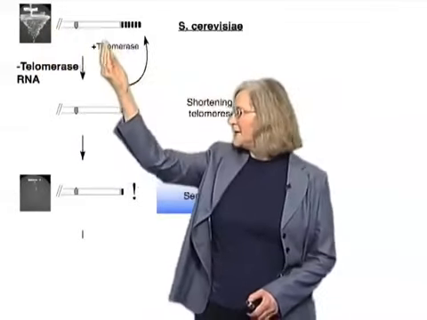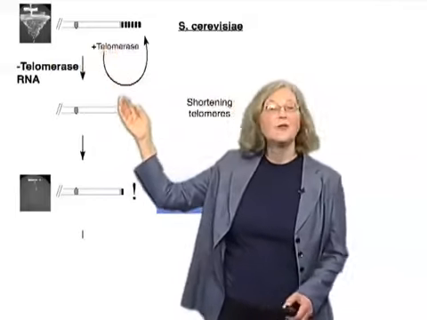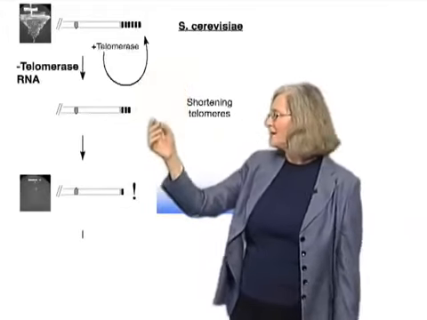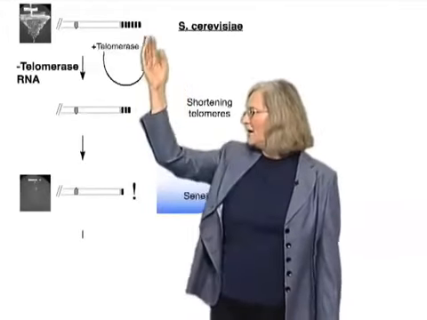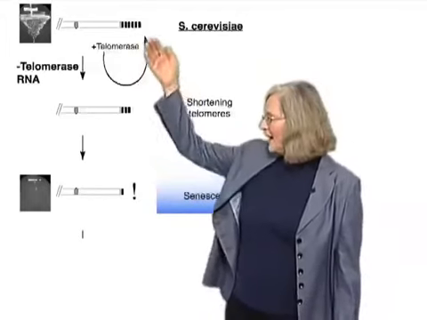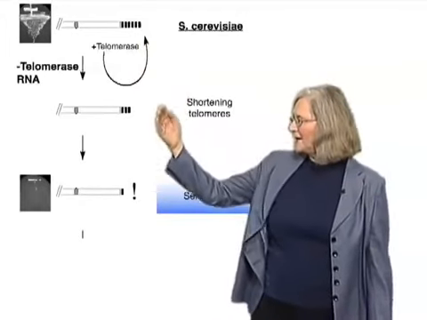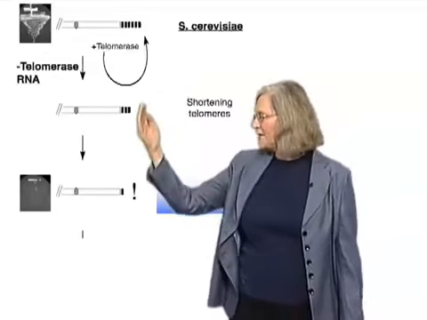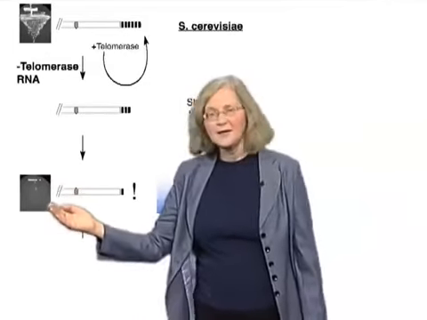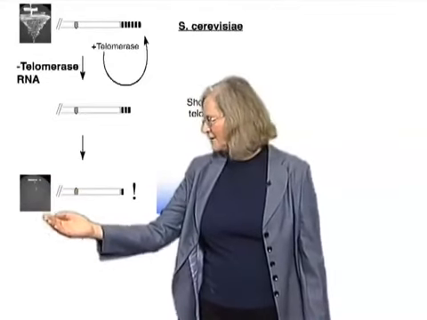Now, if we delete one of the genes for telomerase, either the RNA structural gene or the protein structural gene for the core of the enzyme, now, just as I described for you in Tetrahymena, the cells divide and divide, and the telomeres progressively get shorter and shorter until they get to a point where most of the cells completely cease to divide.